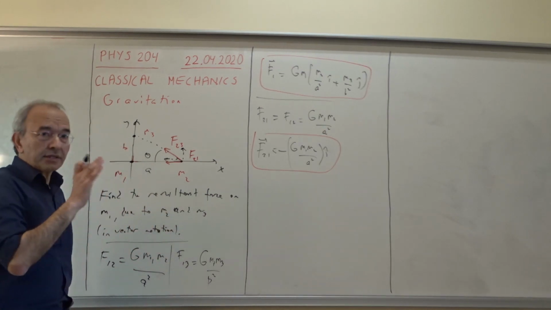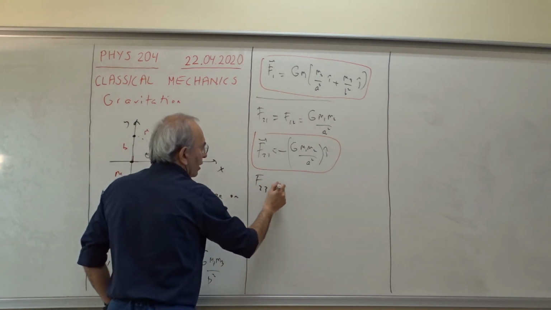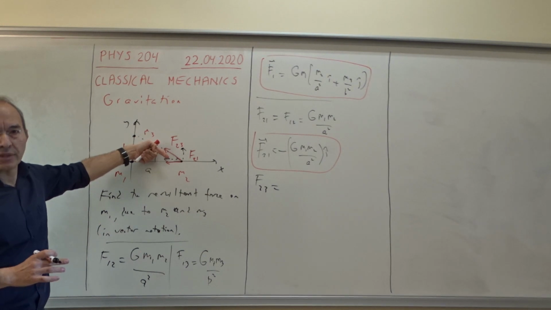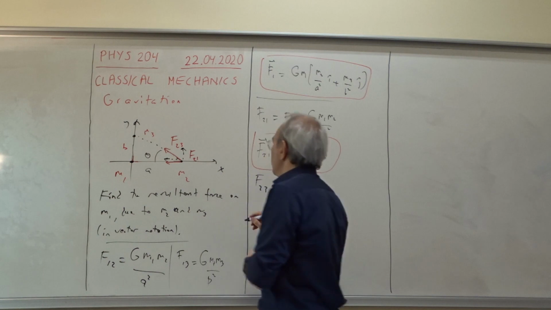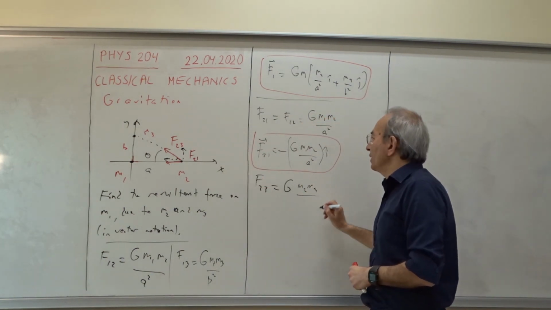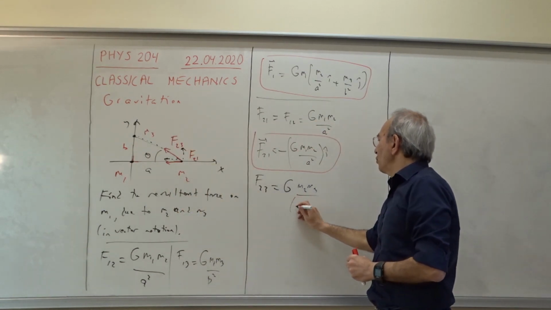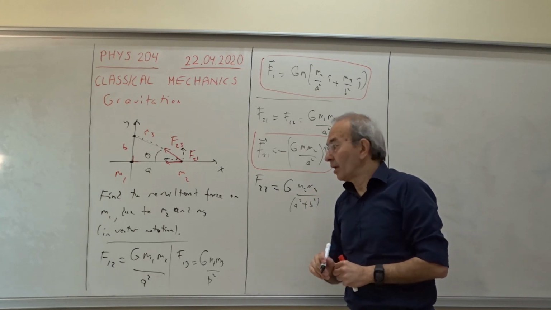So let me write just the components of F23. F23, just the diagonal one, the hypotenuse. What is it? G times the two masses, M2, M3, divided by which distance? From the Pythagorean theorem, we have A squared plus B squared. That's it.